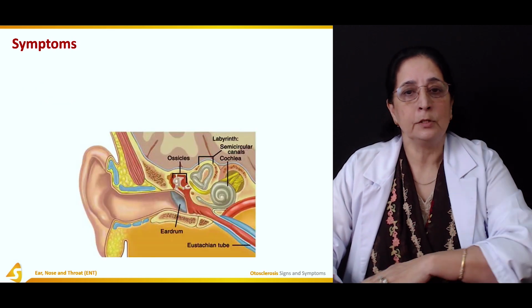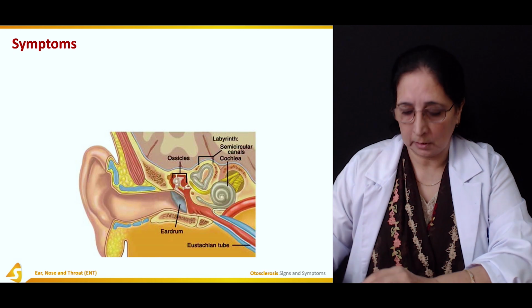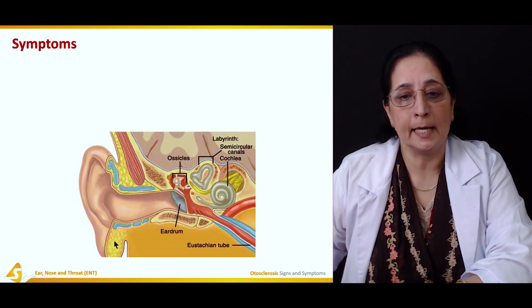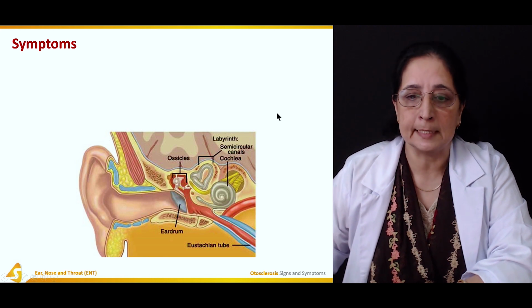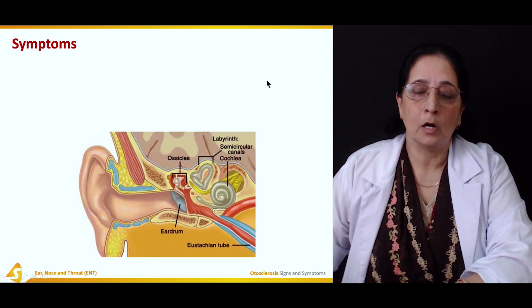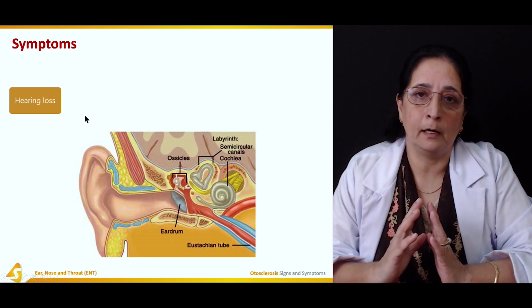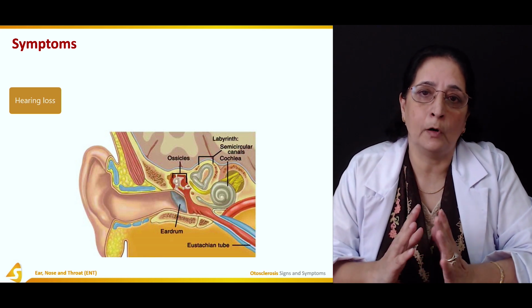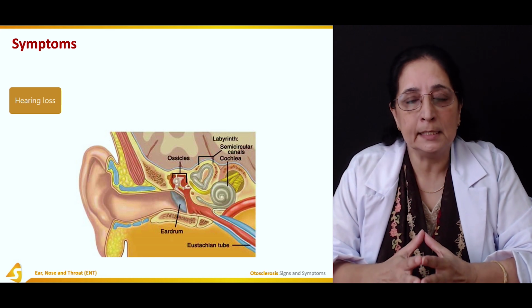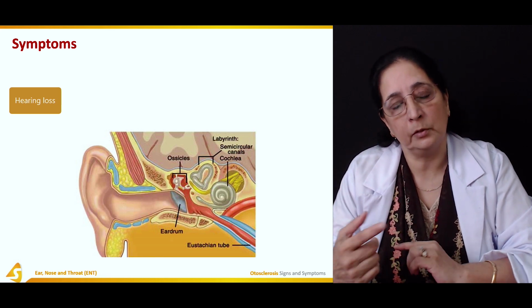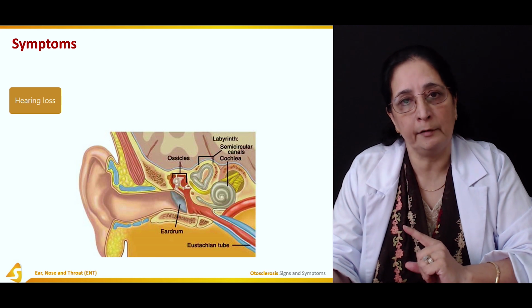Now the symptoms of otosclerosis, or how the patient will present with otosclerosis. Hearing loss. We already saw there are 2 types of otosclerosis, stapedial and cochlear otosclerosis. Both can lead to hearing loss.